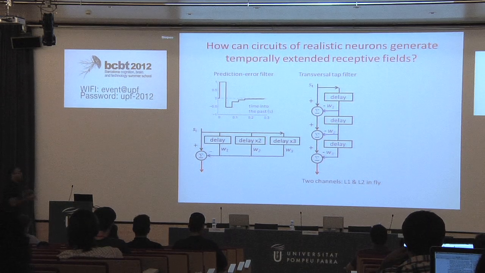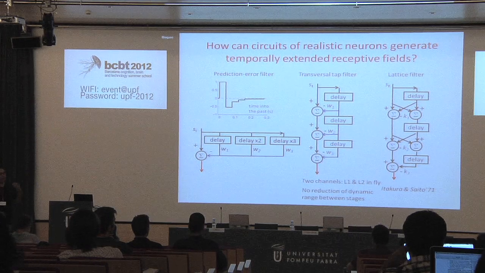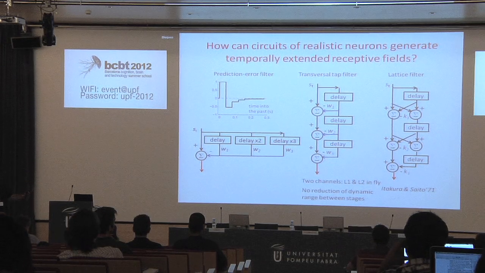Well, it turns out that you can still save this idea. And you can save it by using a design that comes from engineering. It has all been invented, it turns out. Okay, there is a device called the lattice filter, which is used a lot in audio and speech processing.